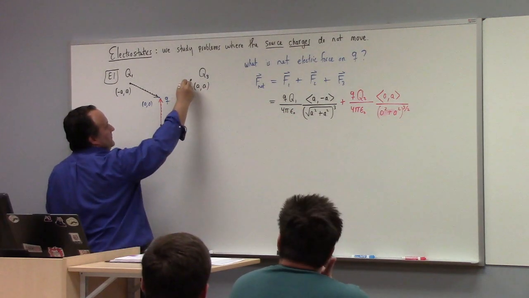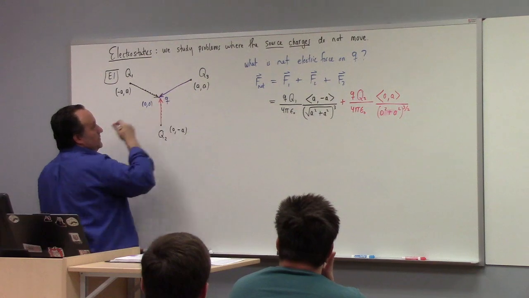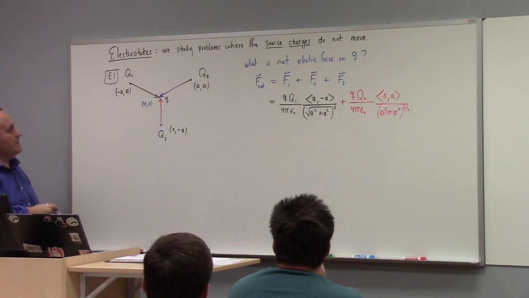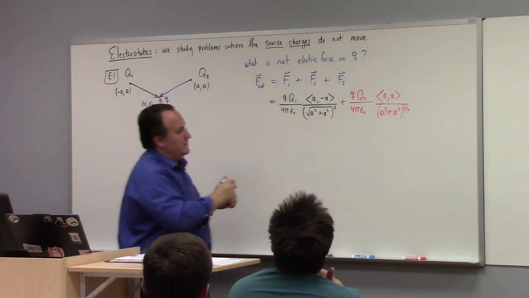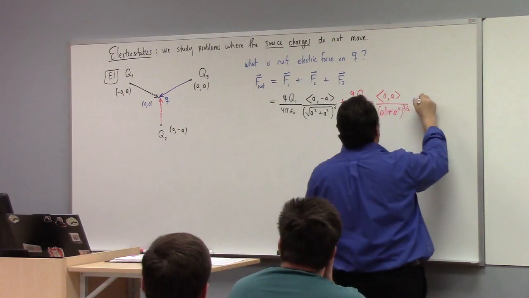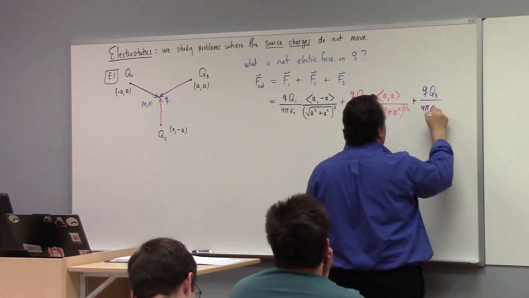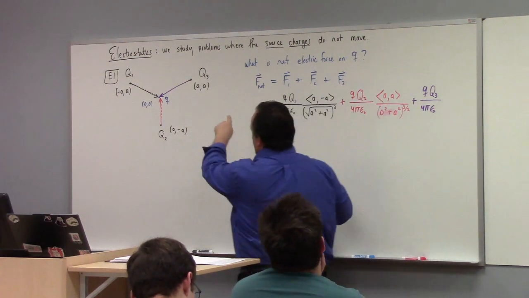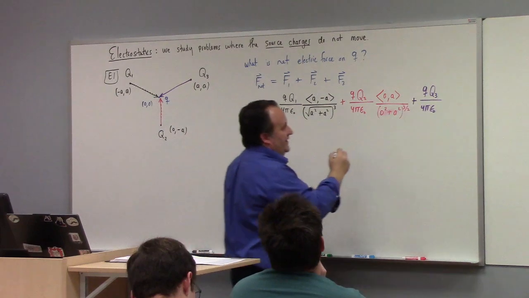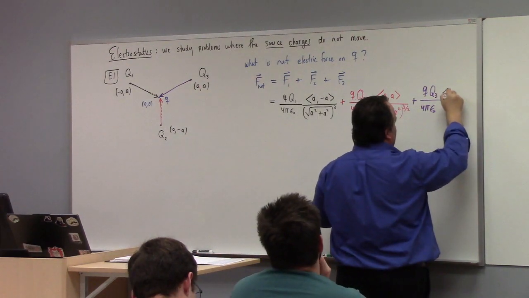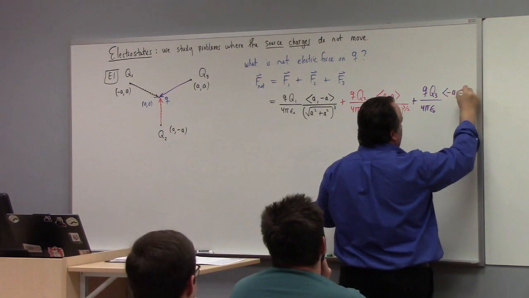Now, last but not least, Q3 over here goes like that, right? And so the force there, we'd have Q3 divided by 4 pi epsilon naught. That vector is minus a, a. Obviously, my diagram's not quite right. That doesn't look like 45 degrees, does it? Probably not.